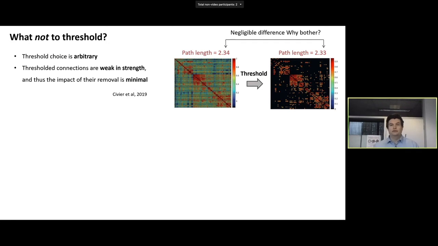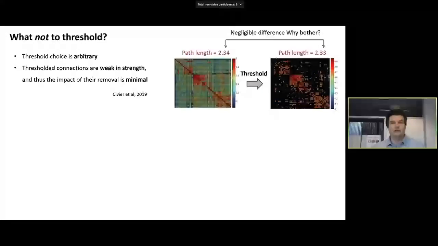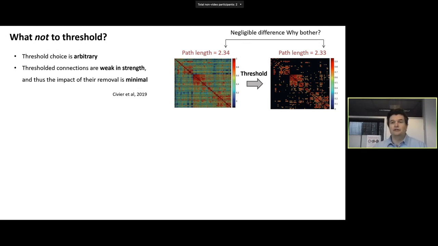And as I said, thresholding is not an essential step. And some work by Sivia and colleagues has shown that, first of all, the thresholding cutoff value is arbitrary. So should we threshold at 10%, 20%, 30%? It's not clear. It's generally an arbitrary choice. Moreover, the argument that Sivia and colleagues make is that the connections that we throw away with thresholding are generally the weakest connections.